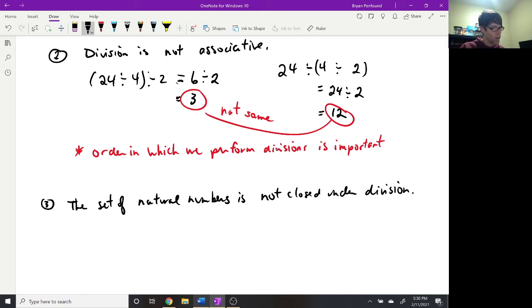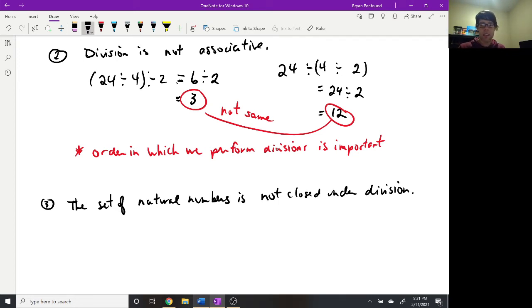Okay, one other thing I want you to know is that the natural numbers are not closed under division. Well, we saw when working with the standard algorithm, sometimes we can have stuff that's left over that's not easy for us to divide equally into the number of groups that we have. So this essentially lends itself to decimal numbers or leftover fractions.